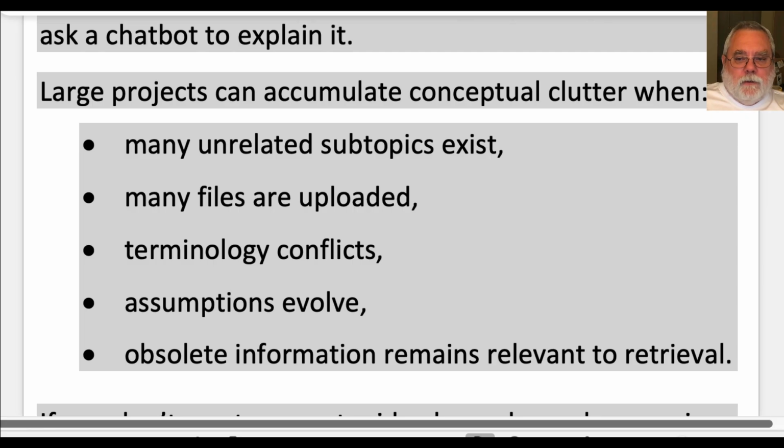Large projects can accumulate conceptual clutter when many unrelated subtopics exist, many files are uploaded, terminology conflicts, assumptions evolve, or obsolete information remains relevant to retrieval. Sometimes you should split an existing ChatGPT project to declutter.